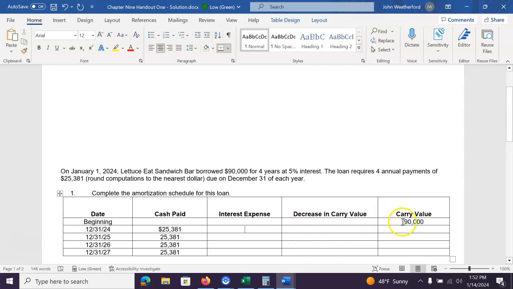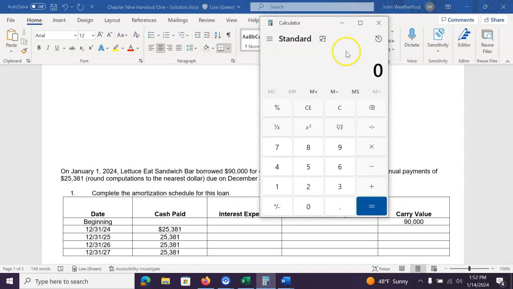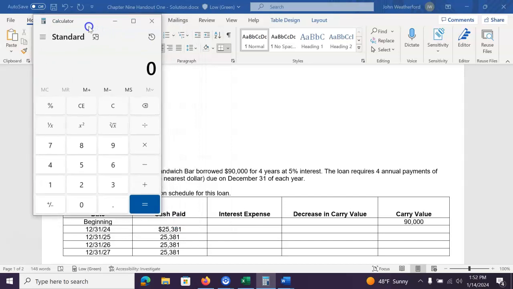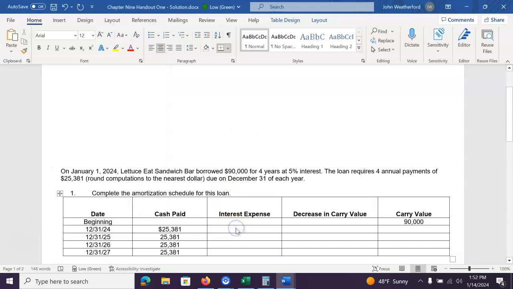So let's look at that. Interest for 1 year on $90,000 at 5%. So we have $90,000 times, it's exactly 1 year, so we can just multiply by the interest rate. So the interest portion of the payment in 2024 is $4,500.